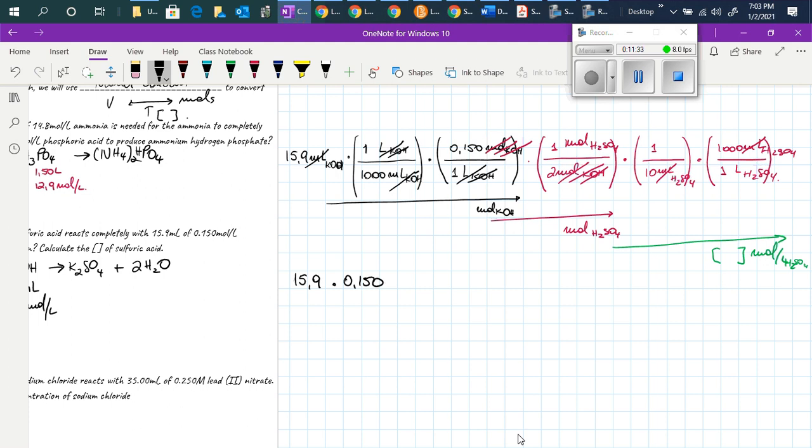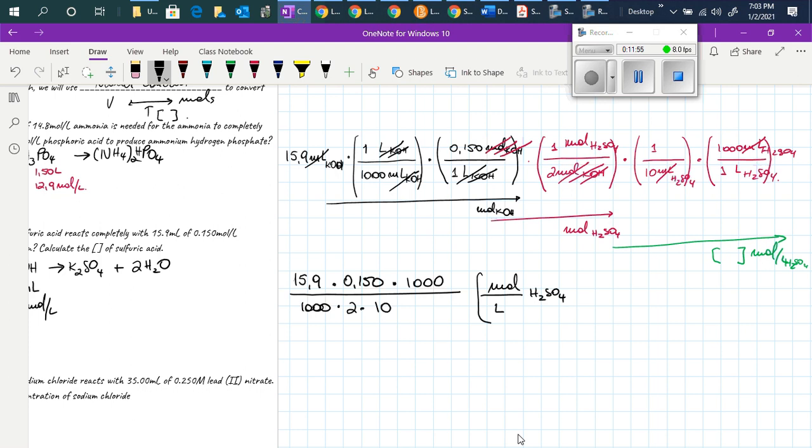So in terms of numbers, what I have is 15.9 times 1 times 0.150 times 1 times 1 times 1,000 over 1,000 times 1 times 2 times 10, and the units are moles per liter, moles of sulfuric acid.